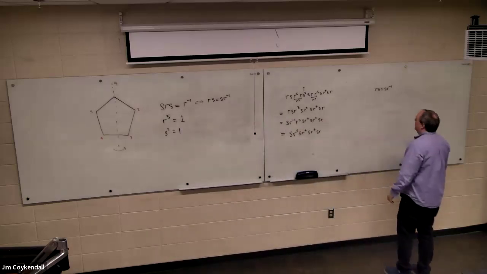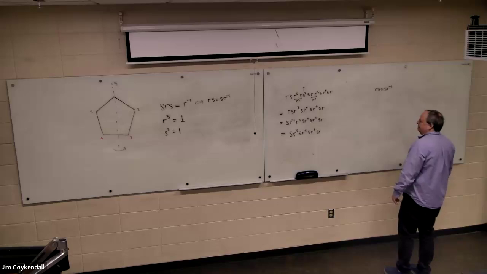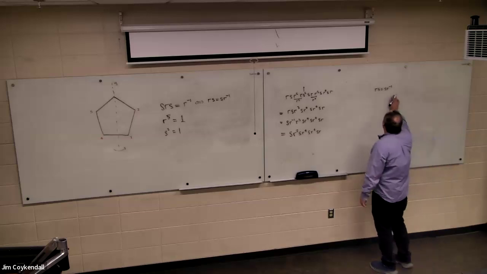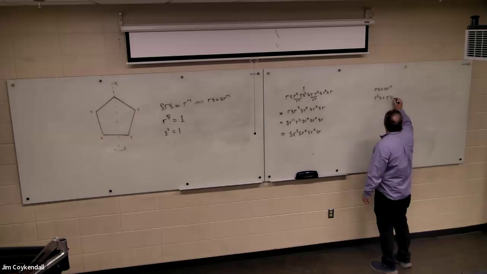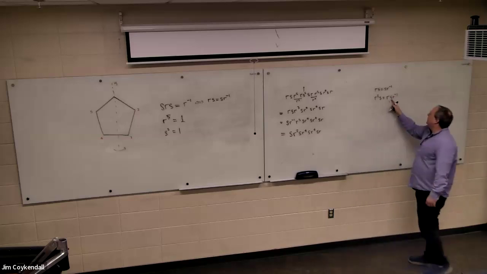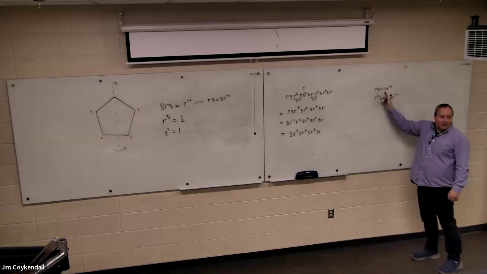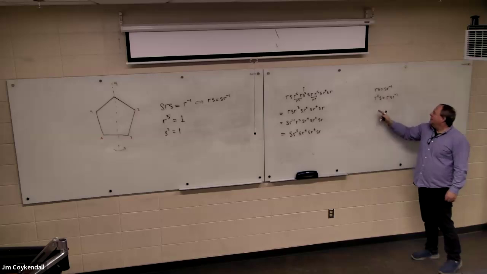So I guess my question now is, what happens when I get, let's see, what is R squared S? It should be R, just put another R here, right? Do I agree with that?